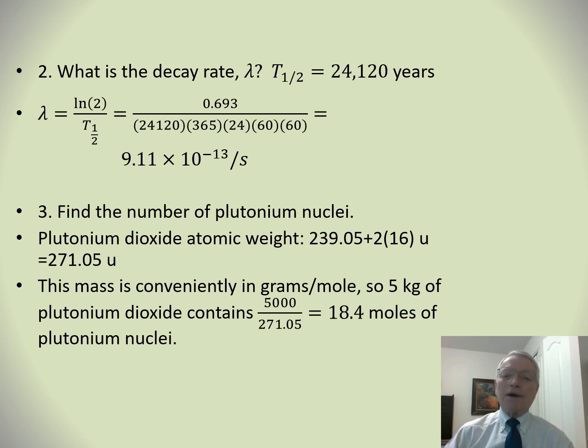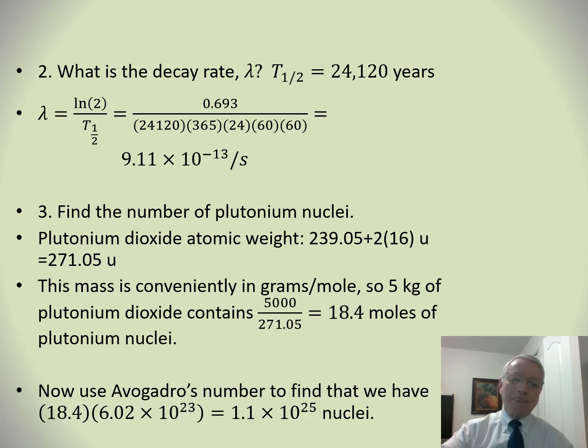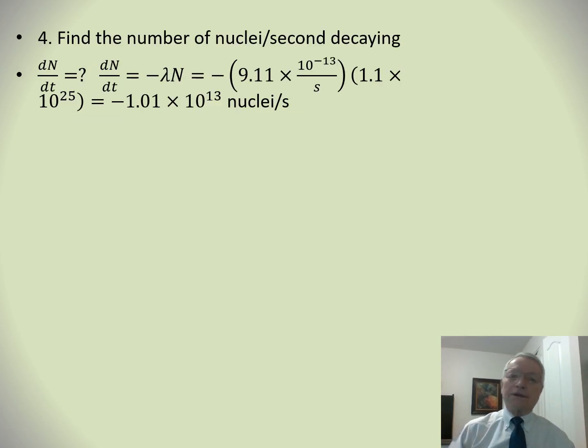So if you want to know how many moles you have, you just take 5,000 grams of this stuff, divide it by 271.05, and you come up with 18.4 moles of plutonium nuclei, because every plutonium dioxide molecule has one plutonium nucleus in it. We now use Avogadro's number to find out that we have 1.1 times 10 to the 25 nuclei.